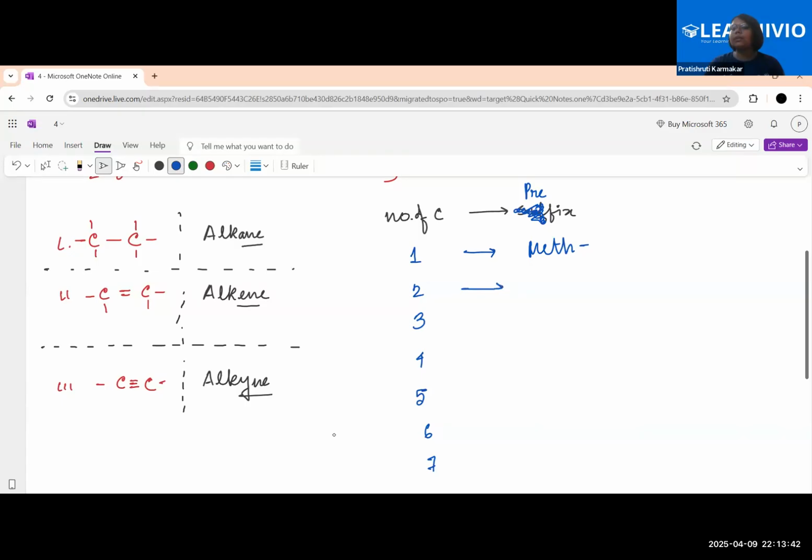For two carbons, it will be eth. For three carbons, prop. Then four carbons, but.